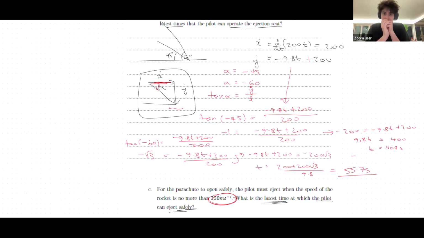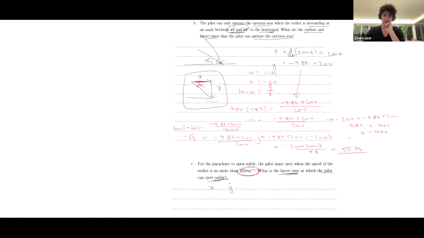What was the latest time at which the pilot can eject? So how do we express speed in terms of x dot and y dot? In terms of our x velocity and our y velocity.